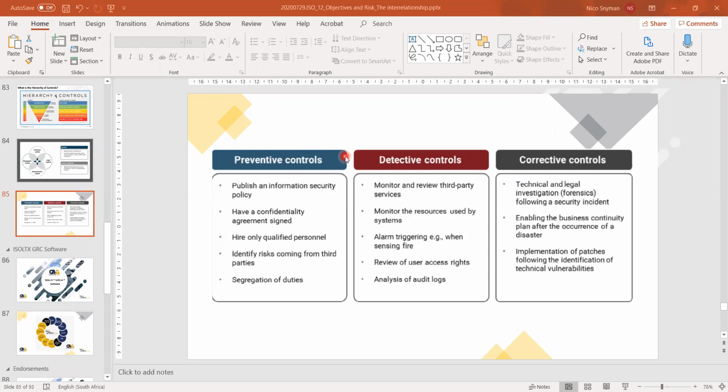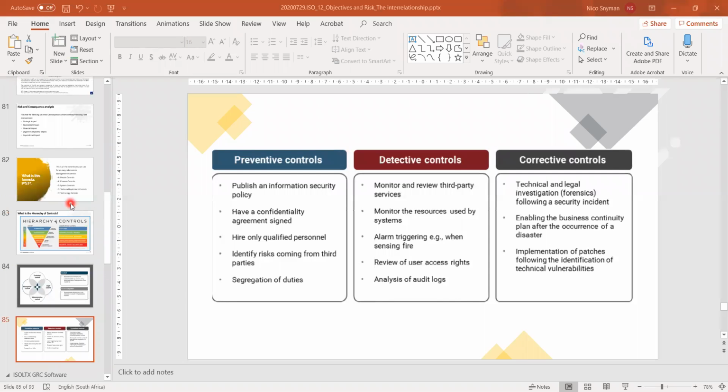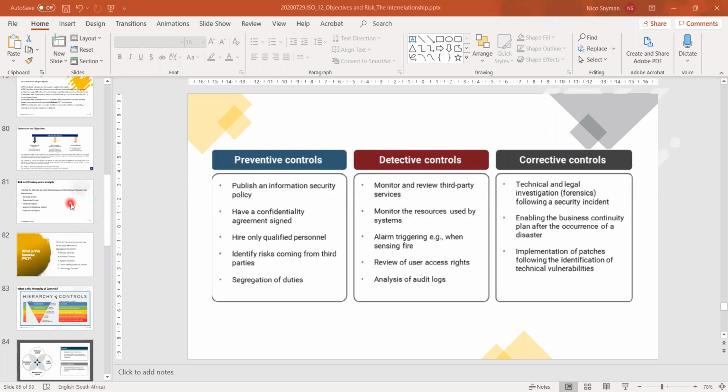Now, out of all these tools that I was speaking about, the question is, can you prioritize that in a way that you can identify the top 5, the top 10, the top 15 risks?